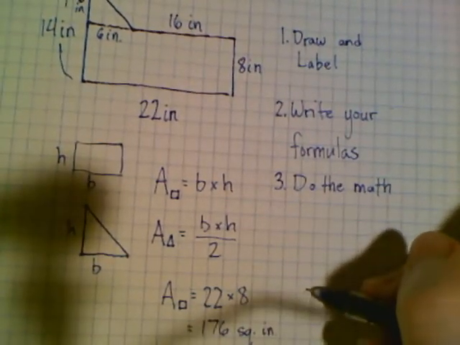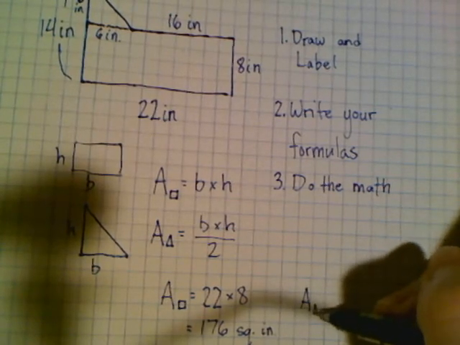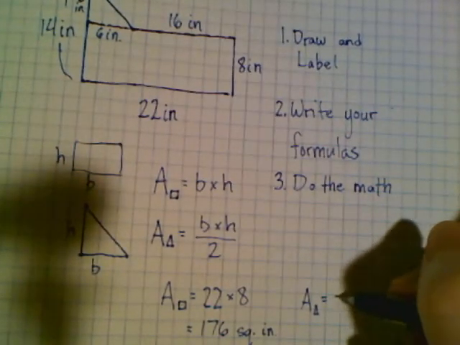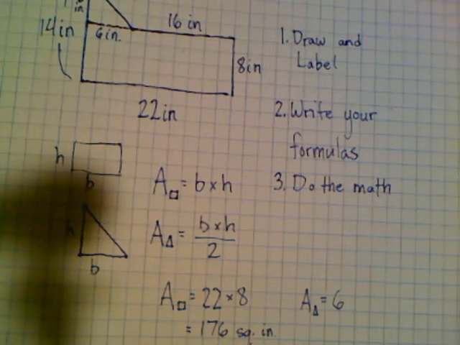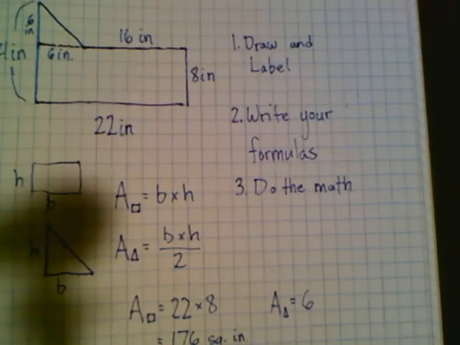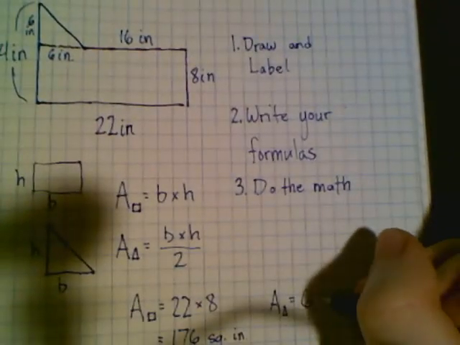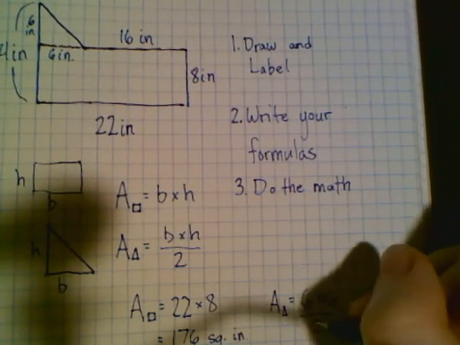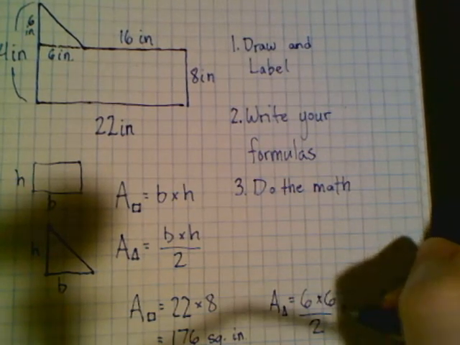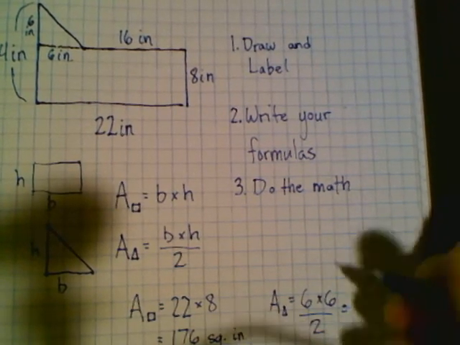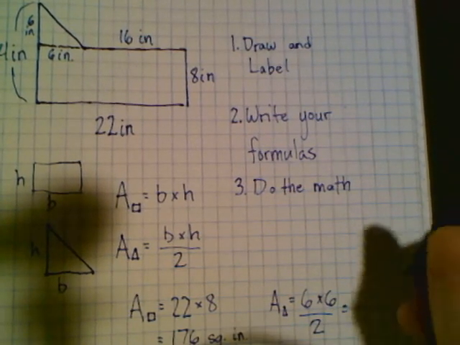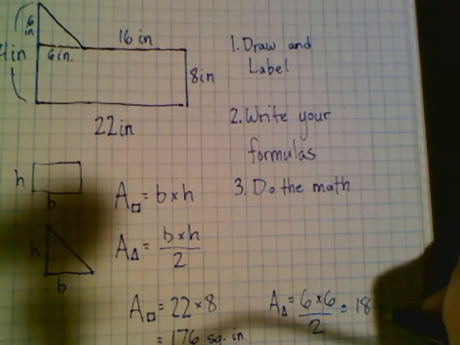And my triangle, where I need my base and my height, we find is 6 and 6. Sorry if you can't see the top of that. It was 6 times 6 divided by 2. It's an important step. Some very bright students of mine left that step out. They might be watching this. 6 times 6 is 36. 36 divided by 2 is 18 square inches.